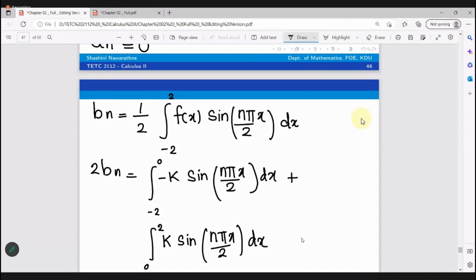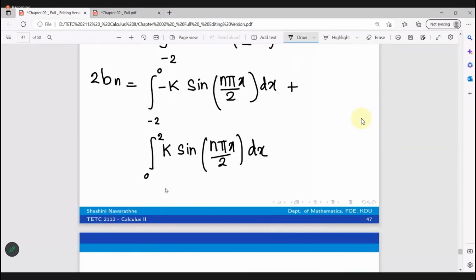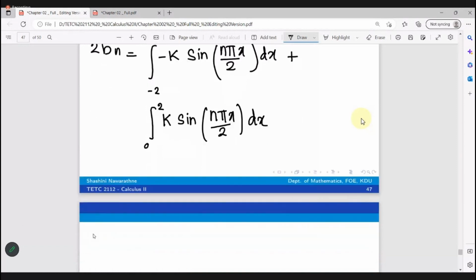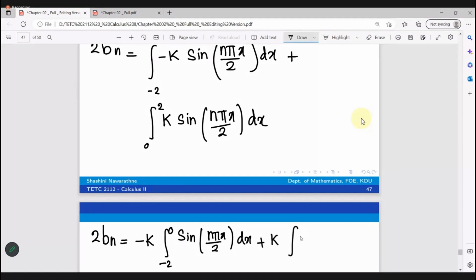And then two times Bn is equals to minus k times minus 2 to 0 sine n phi x over 2 dx plus k from 0 to 2 sine n phi x over 2 dx.